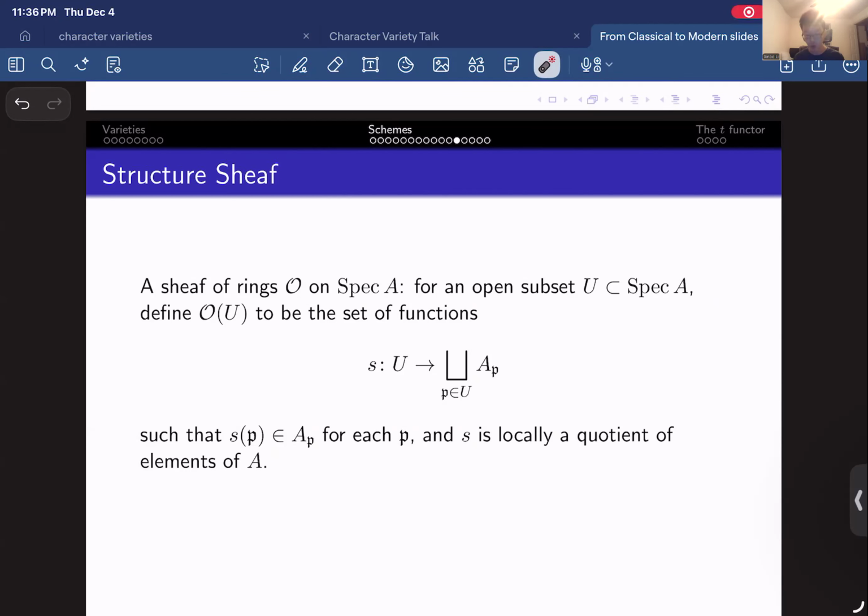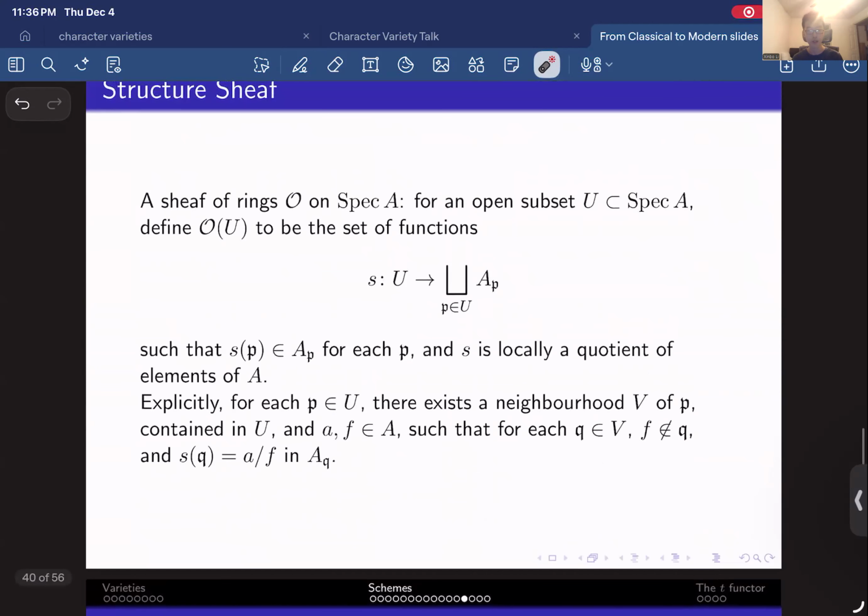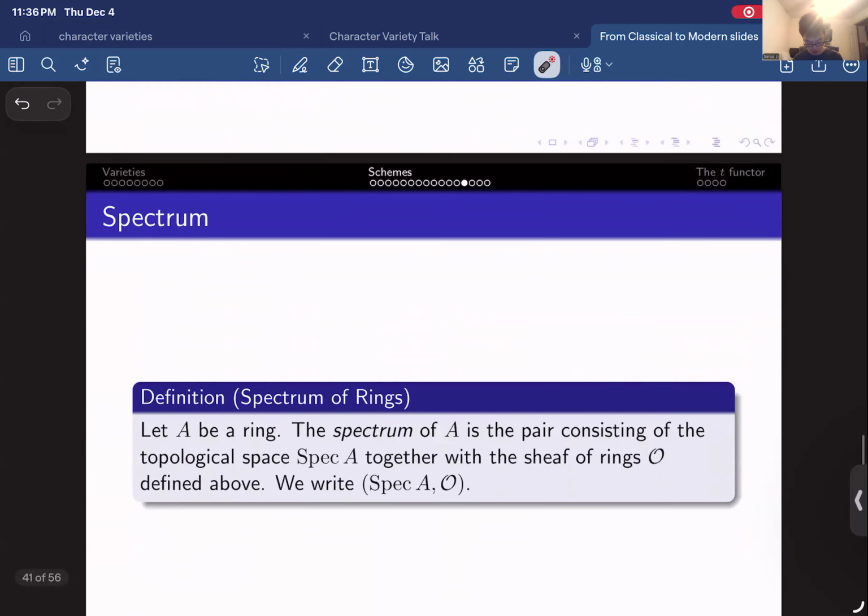So P in U of the localization of the ring A at the prime ideal P. So what it really means is that you invert all the elements outside of the prime ideal, such that for each P, the value of s at P is in the localization of A at this prime ideal P, and s is locally a quotient of elements of A. So explicitly written out, it's something like this, which I'll not spend a little bit more time on.